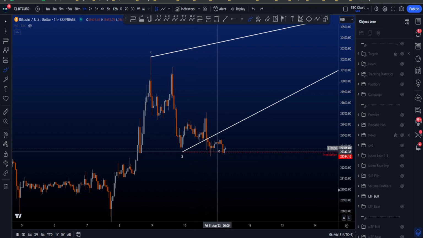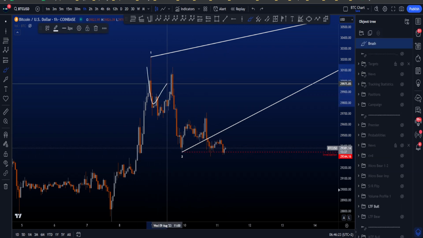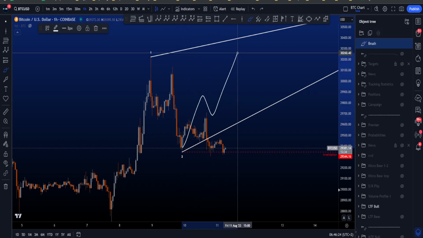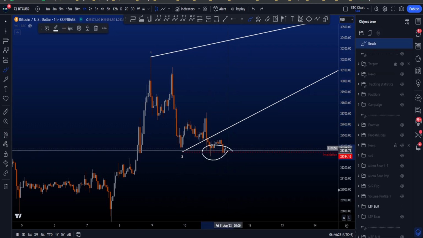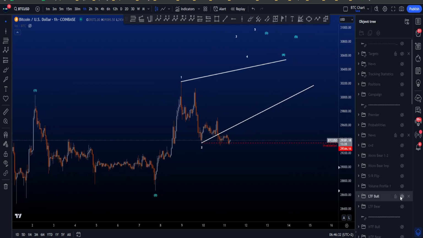But the fact that now price over here took the low of wave 2, and this being a zigzag structure, you now actually wanted to see another zigzag to the upside, but this invalidates a leading diagonal, and therefore it's not looking very good for the bullish scenario.